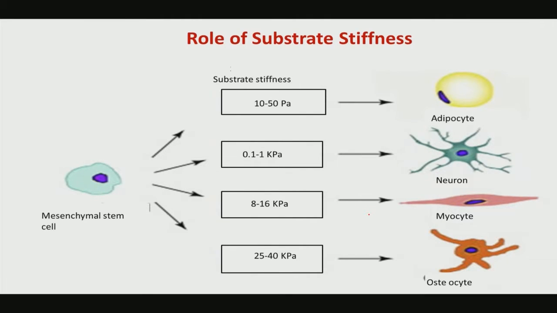Now, in one of the classical studies by Engler et al., I think it was at University of Pennsylvania or Penn State, published quite a few years ago, they varied the stiffness of the substrate in different windows. For example, some substrates they used to grow stem cells have an elastic stiffness of 10 to 50 Pascal.